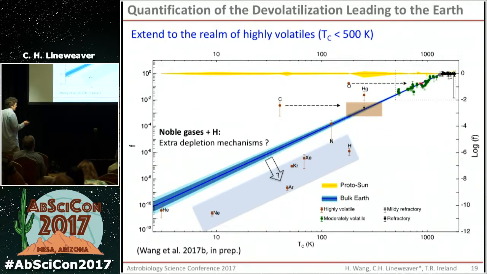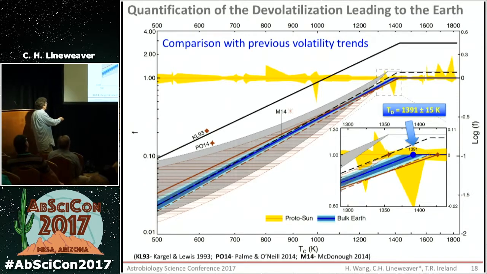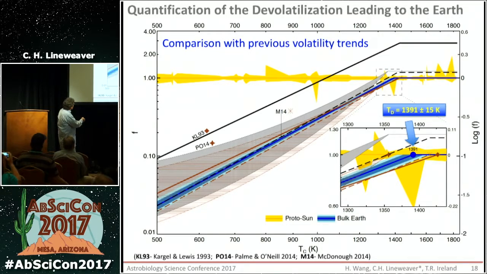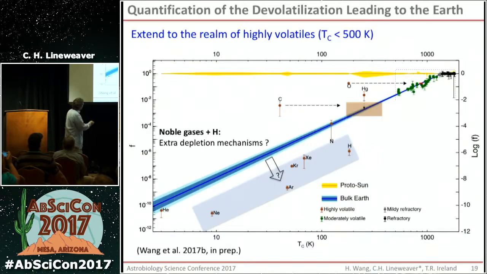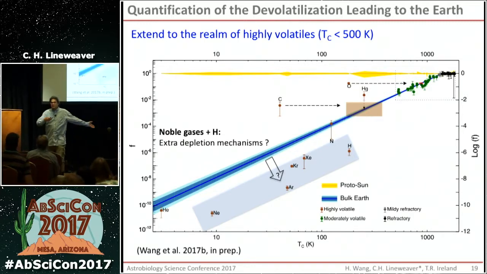Now notice in this plot here, 500 is the lowest value of the condensation temperature. For the next one, this is a log value of Tc, condensation temperature. But now we're going to go further down, and you can see that this blue line, which is established here, we've just extrapolated out here. One thing you could say when you extrapolate it out here is, oh, look at that, the mercury in the Earth looks like it's overabundant compared to this line.